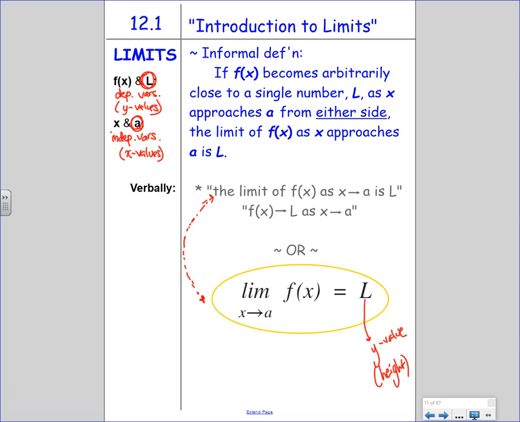A Y value or a height. Now the height could be up, the height could be down, the height could be positive, the height could be negative, the height could be a 0 for all we know. But we're looking at the heights. And the movement as to which heights we're looking at, we're going to be looking around as X approaches A, and A is that particular X value.